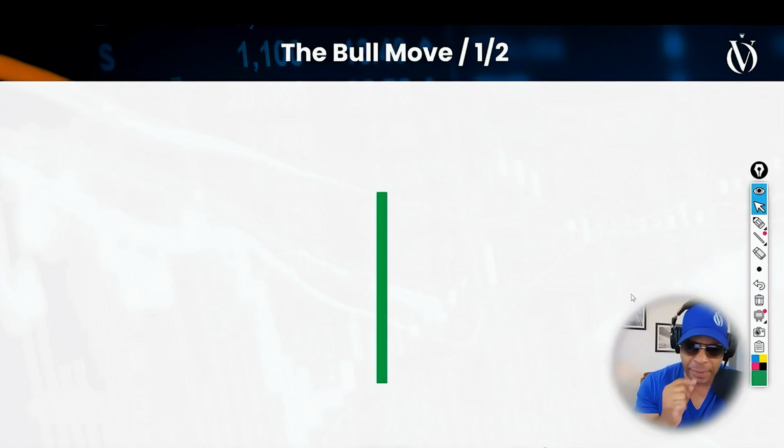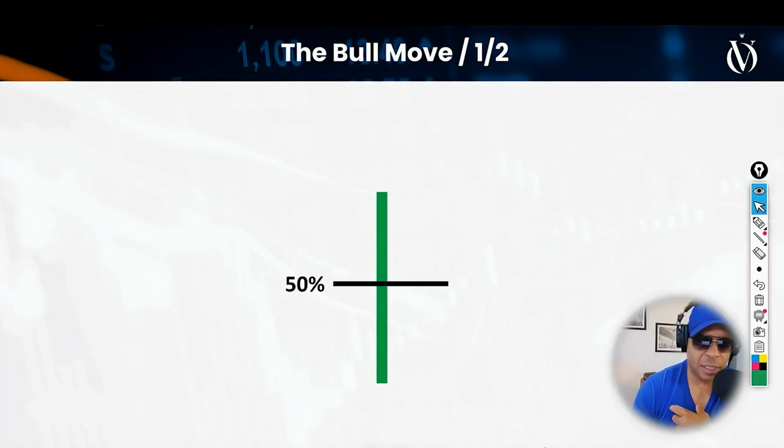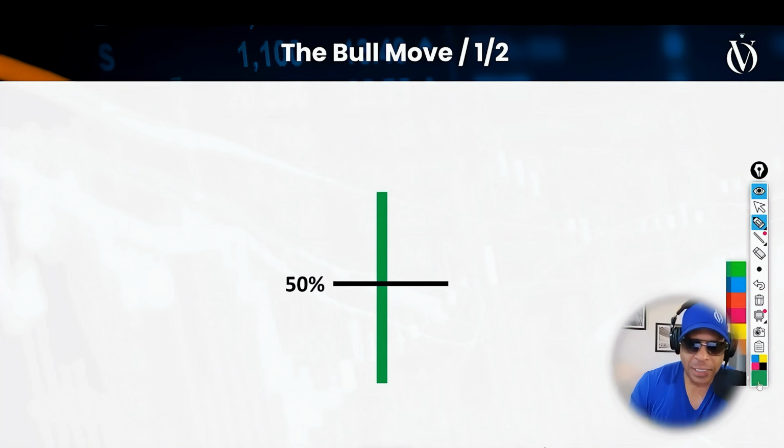But what happens, traders? What happens if you don't get the pause in the top third? What if it drifts downward? You see, guys, what's important to understand is that a stock must rest after a power move.